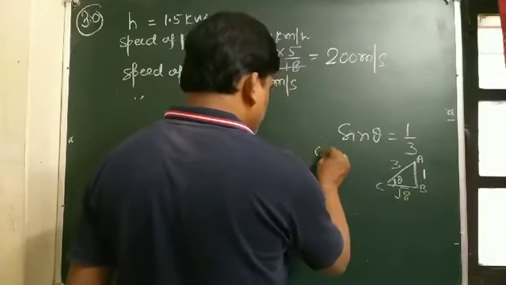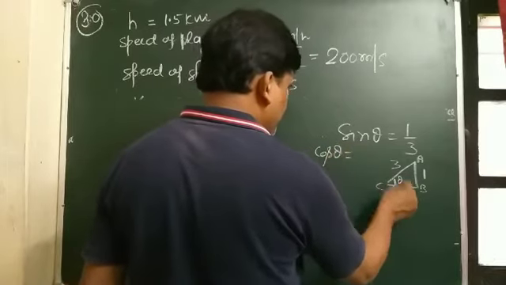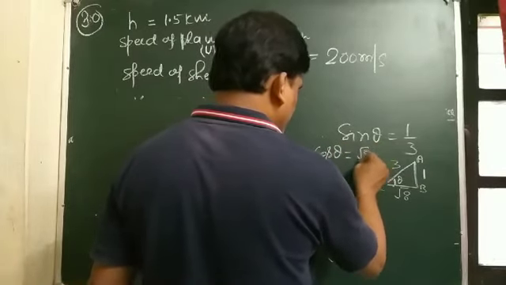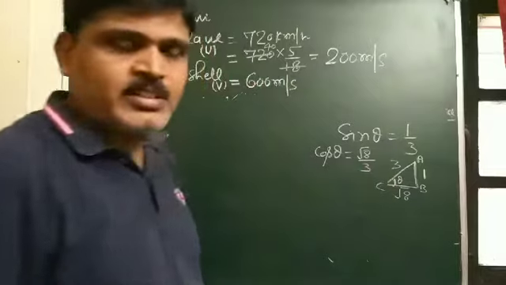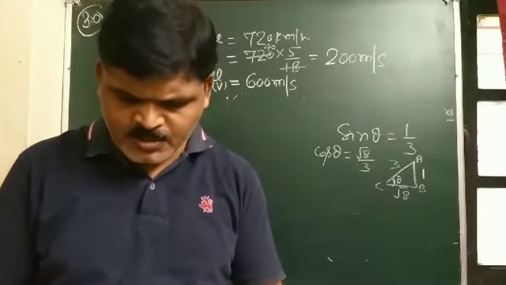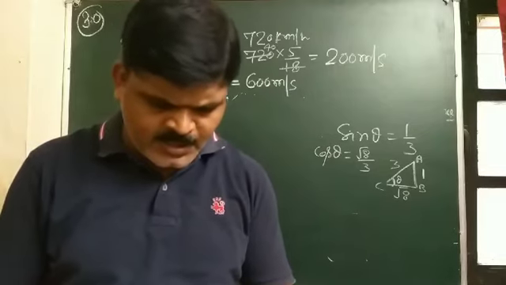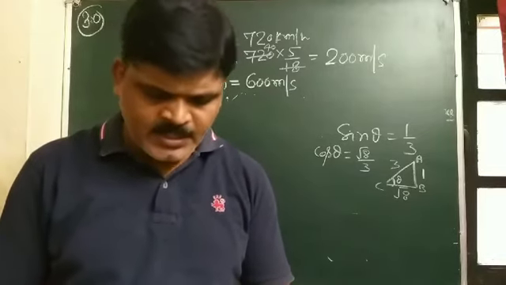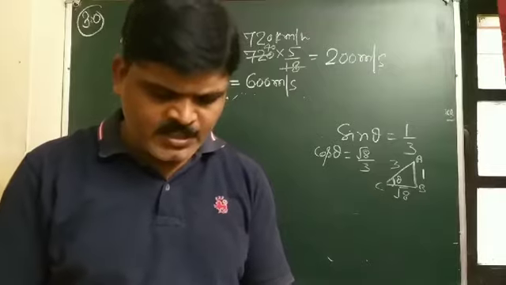So cos theta comes out to be base by hypotenuse, √8 by 3. The question is at what minimum altitude should the pilot fly the plane to avoid being hit? Take g equal to 10 meter per second square.